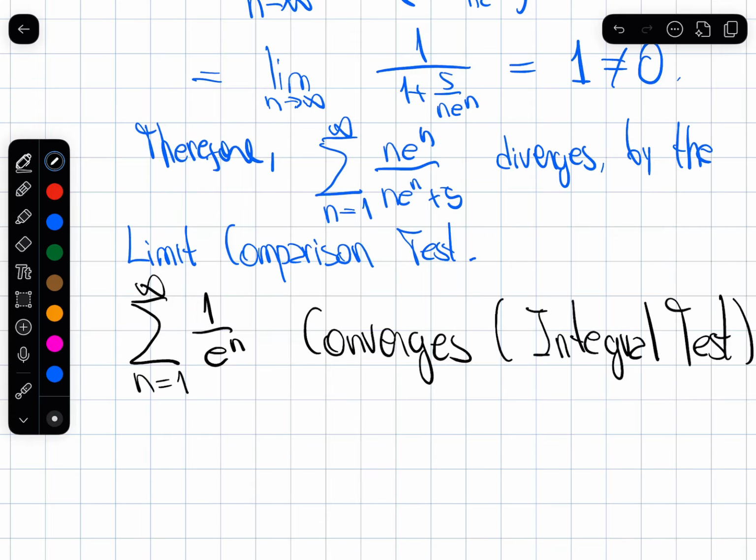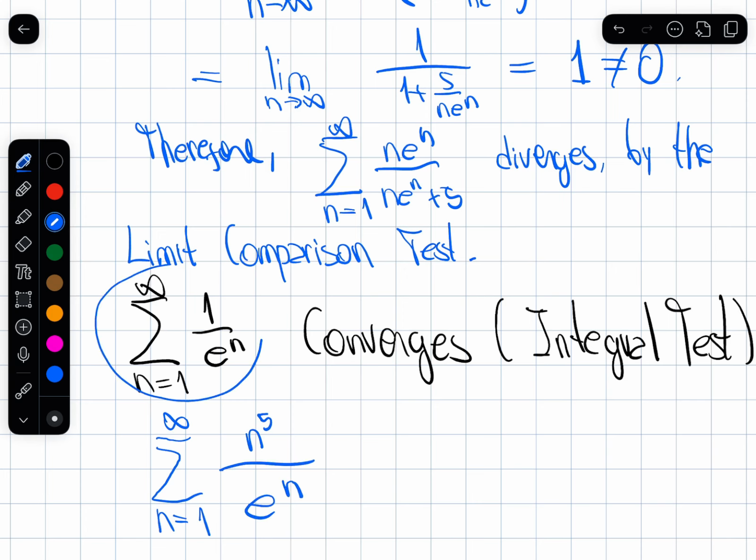So if you take this one now, let's say we say n to the power 5 over e to the power n. Will that converge? Knowing that the black one converges, will that one converge, or will that one diverge?